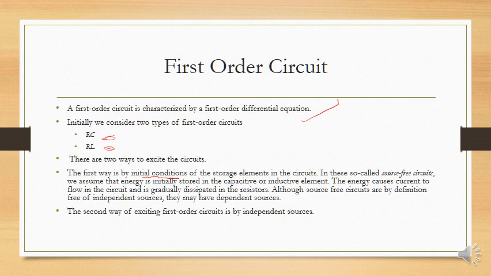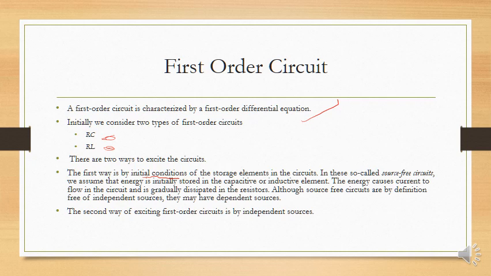So we have two types of circuits when we are studying initial conditions. The first one is the source free circuit. In source free circuits, we assume that the energy was initially stored in the circuit by some other source.